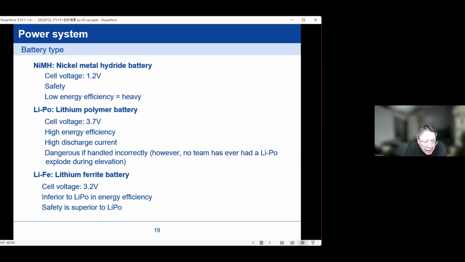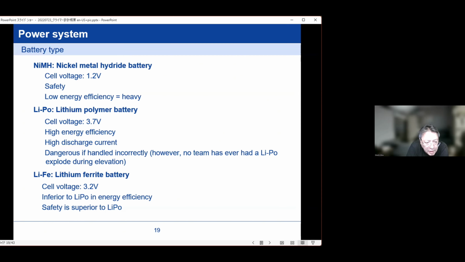In terms of types of batteries that are easy to obtain, I think there are about three options available right now. The first one is the nickel metal hydride battery. The cell voltage is 1.2 volt, which is basically safe, but it is not very energy efficient, and the weight per cell is also heavy.